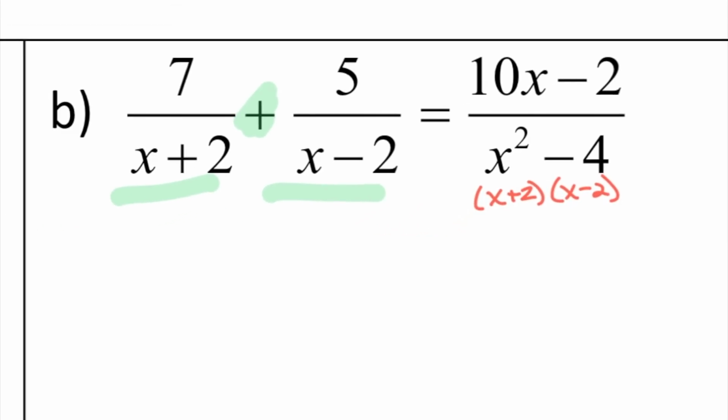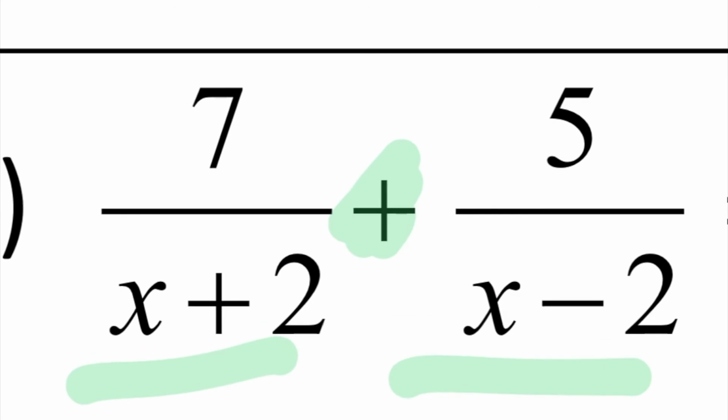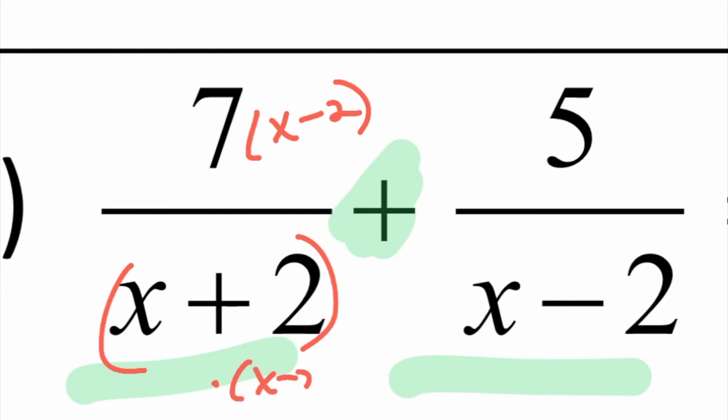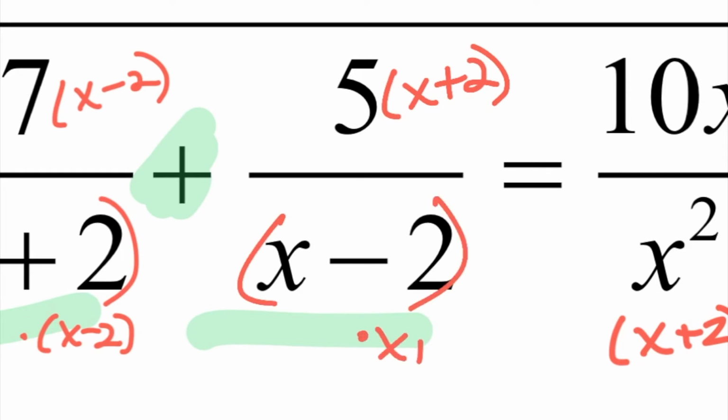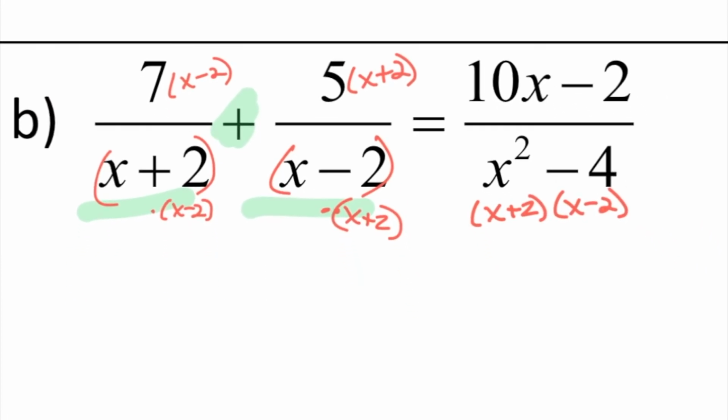In this case, it's going to be x plus 2 times x minus 2. So I can multiply by x minus 2 over x minus 2, and I can multiply here by x plus 2 over x plus 2. And now all 3 fractions have a denominator of x plus 2 times x minus 2.